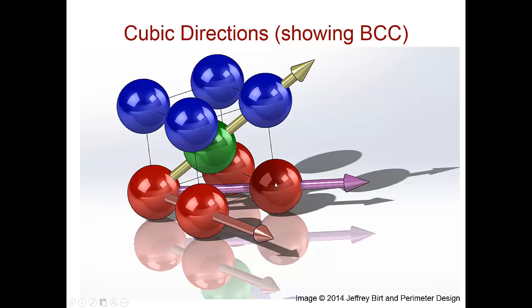Well, since it's cubic, A equals B equals C, so we can go 1 lattice parameter this way along the x, 1 lattice parameter along the y, and 1 lattice parameter along the z. That gets us to the center of this atom. And since this arrow is going from the center of this atom, which is at 0, 0, 0, to the center of this atom, which is 1, 1, 1, this arrow is in the 1, 1, 1 direction.